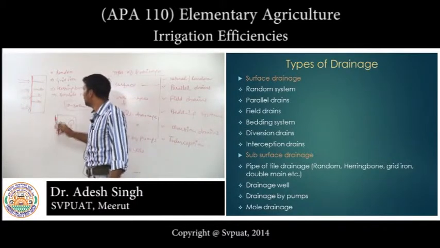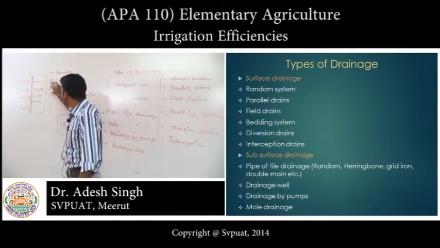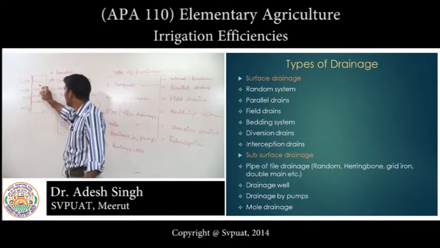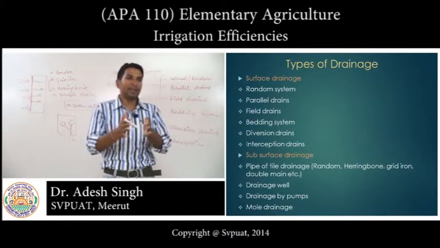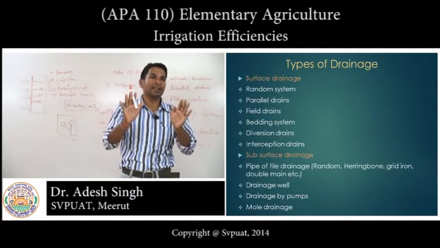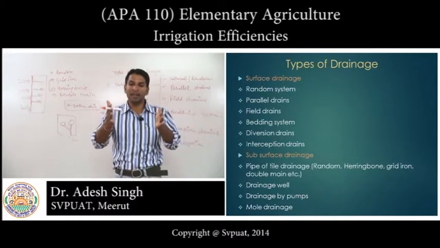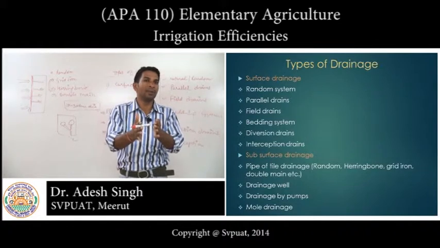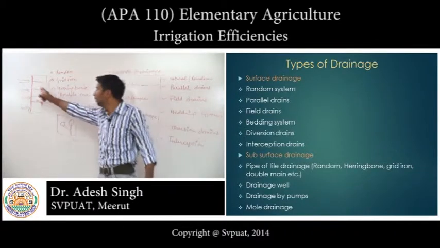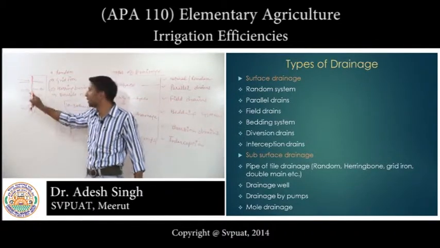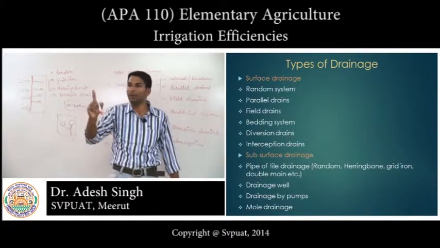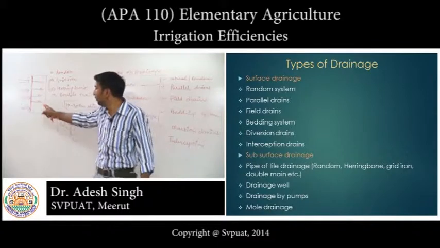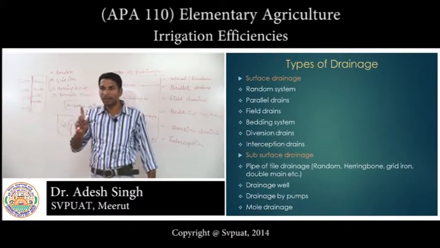And double main means these two are helpful when the depression is in a narrower passage. Means if the water is collected in the narrower zone, then only one main is there. Either water is collected from both sides or from only one side, only one main channel is there.